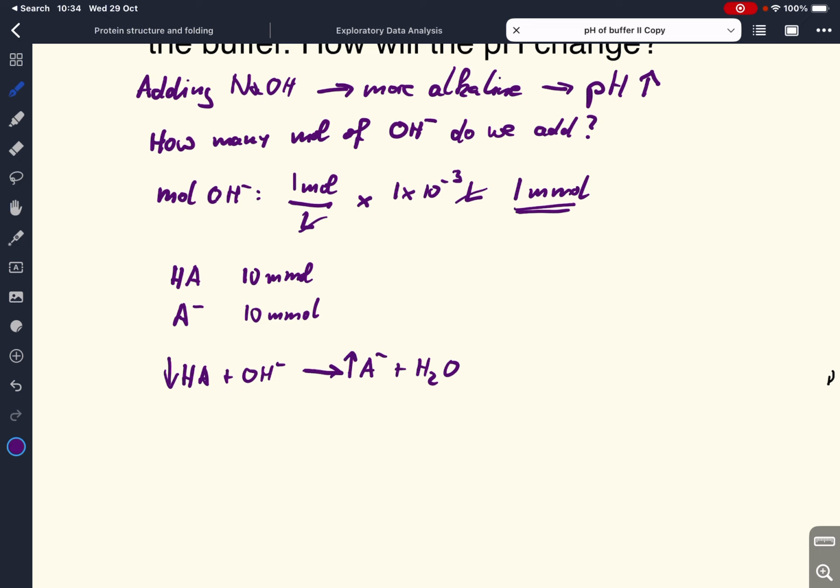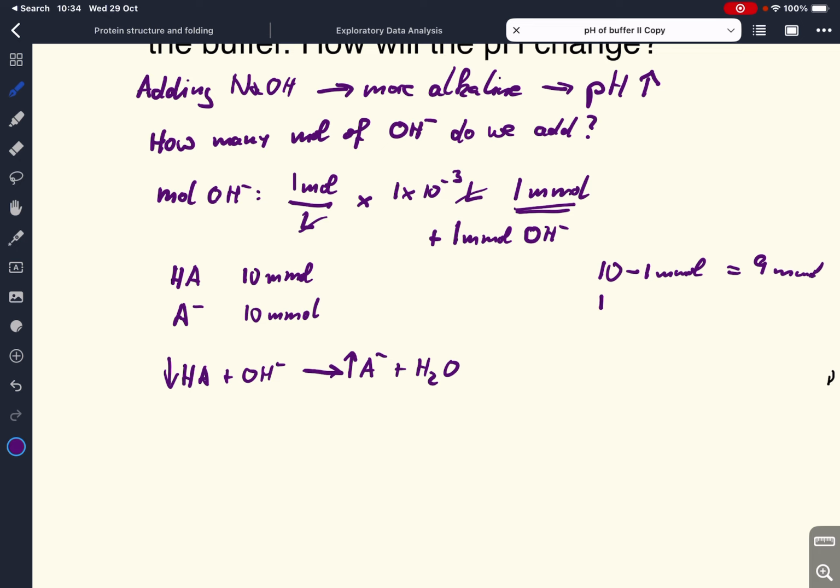So if we now write this as plus 1 millimole of OH minus that we add, we decrease the acid, so we have 10 minus 1 millimole, and that gives us 9 millimole.